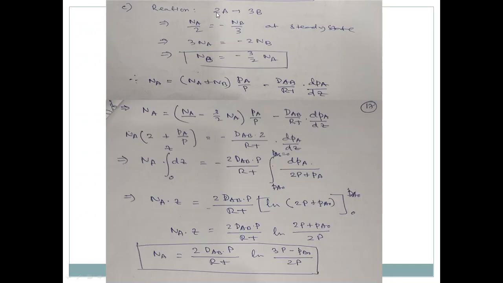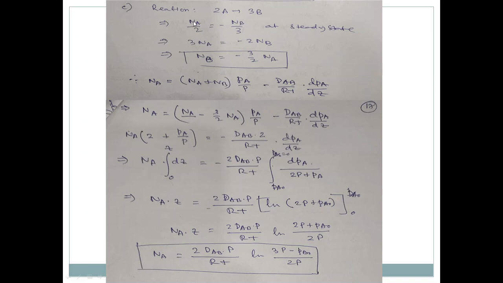Now the reaction is 2A to 3B. So when 2 moles of A come into the catalyst particle, then 3 moles of B will come out. So NA by 2, okay. This is a very simple thing you already studied in reaction engineering.